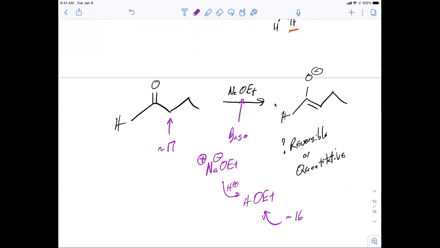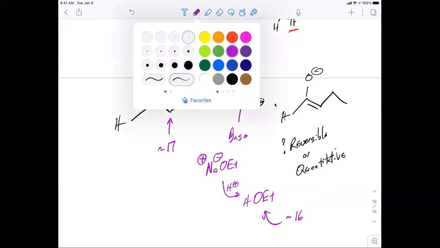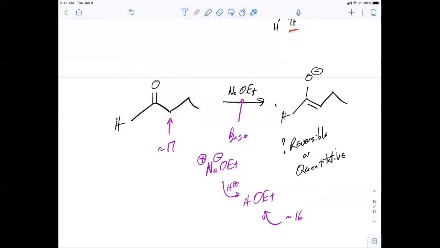About 17. Is that a substantial enough difference to give me full change to the enolate? Or is that such a small difference that I'm going to have, and I'll put it in a different color, equilibrium. Okay. And that's going to be one of the things I need to think about when I form enolates.